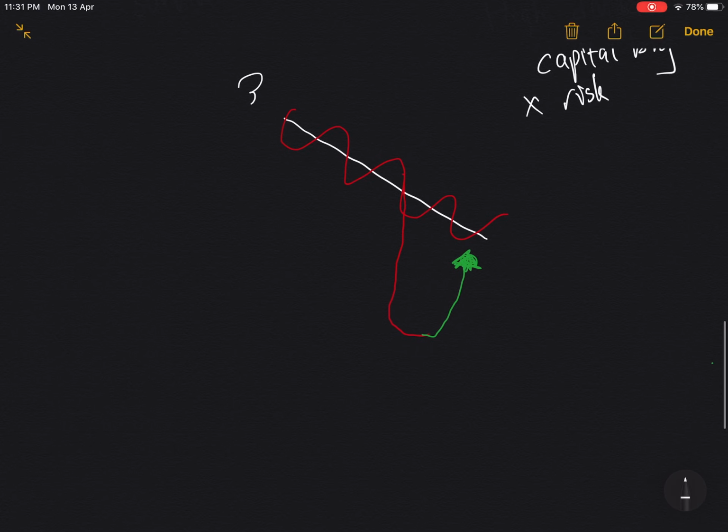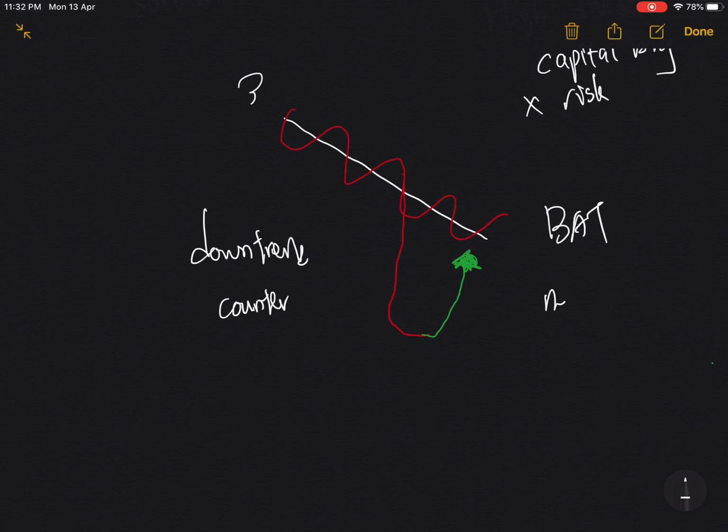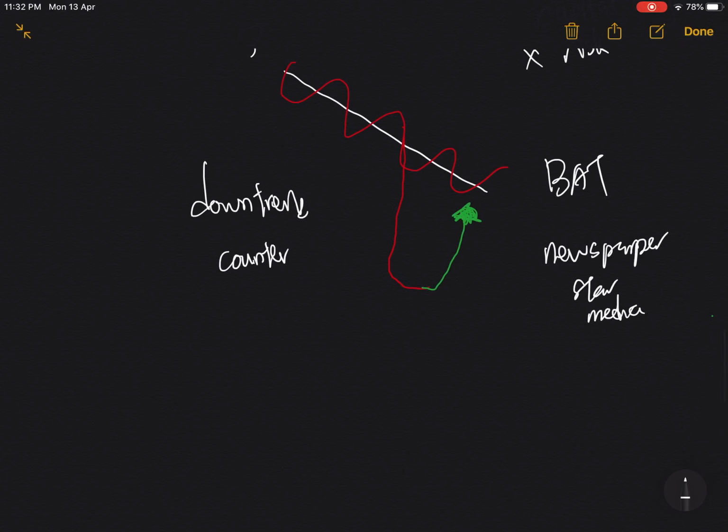The third one will be the downtrend counter. Like just now I gave you the example already. BAT, newspaper company, the Star Media, this kind of company. So they are downtrend companies. Every year they go down 5%, 10%, but when the bear market comes, they go down even more, 50, 60%, and then they rebound back.